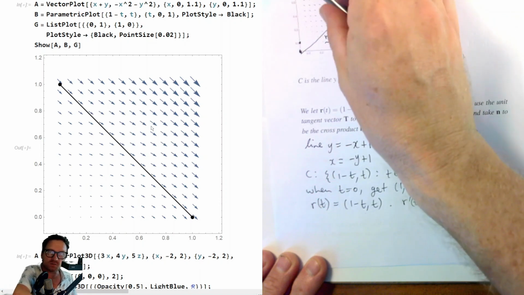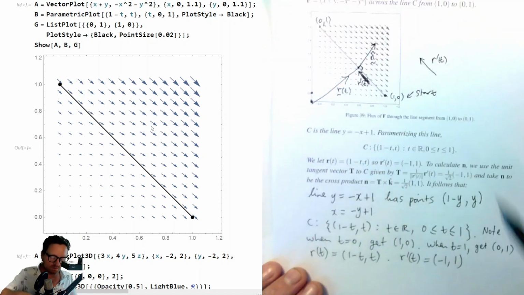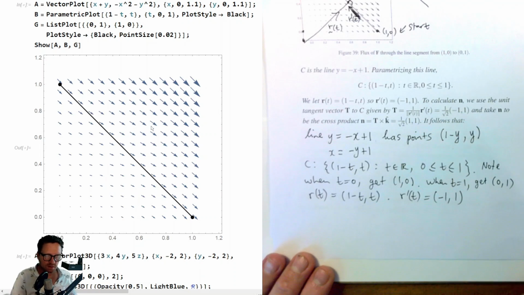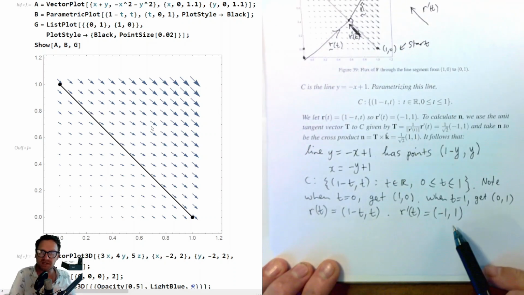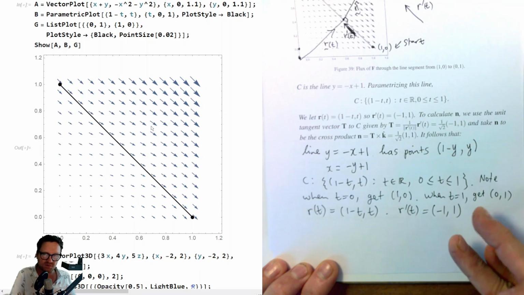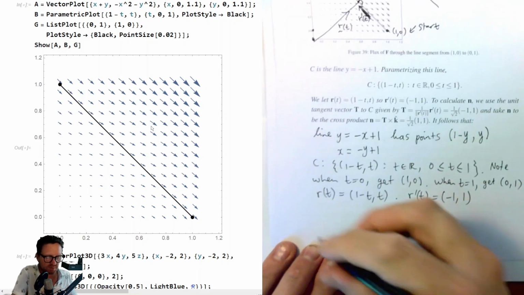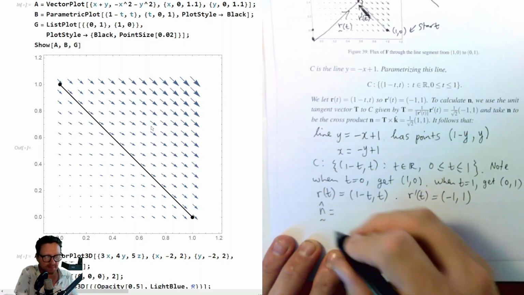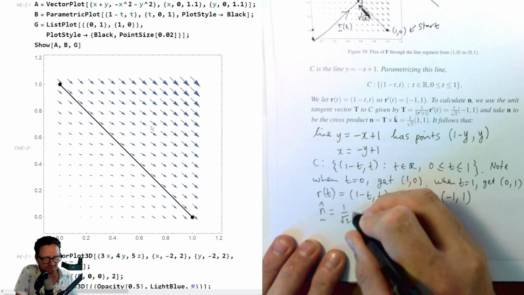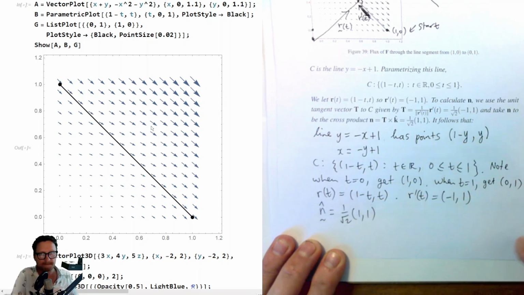So going this way. Okay, now what about n? It's perpendicular to this, so I swap those components, and I put a minus sign on one of them, and then I divide by its norm. So n hat is equal to 1 on root 2, 1 comma 1.